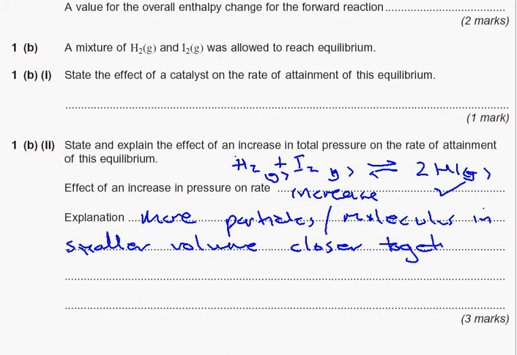That's the picture in my head. So they're closer together, and that's your second mark out of the 3. The final mark: because there are more particles in a small space, and they're closer together, therefore you've increased the chance, the probability, of having a successful collision.